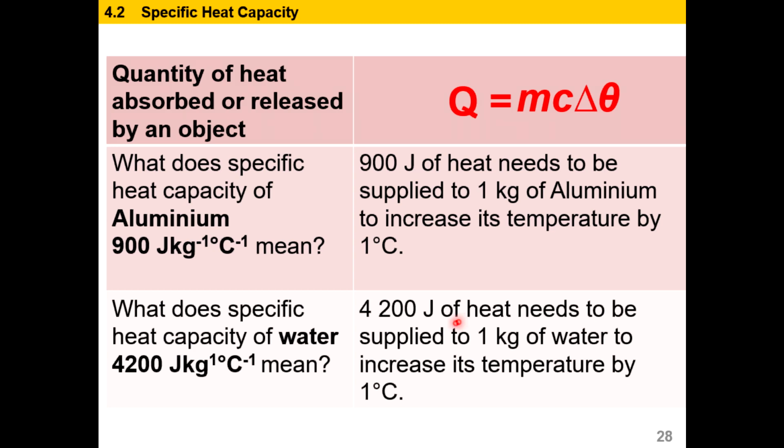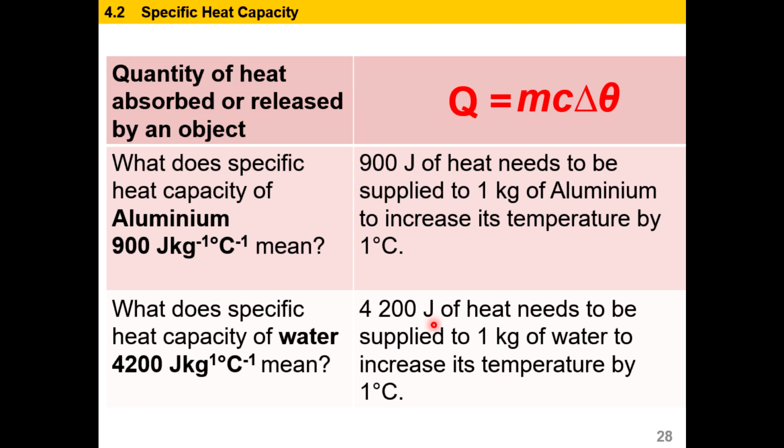Same goes if you want to reduce the temperature by 1 degree Celsius: the water needs to release 4200 joule of heat energy if the mass of water is 1 kilogram. For the aluminium, if it wants to decrease the temperature by 1 degree Celsius and its mass is 1 kilogram, it needs to release 900 joule of heat energy. Do you get that or not?